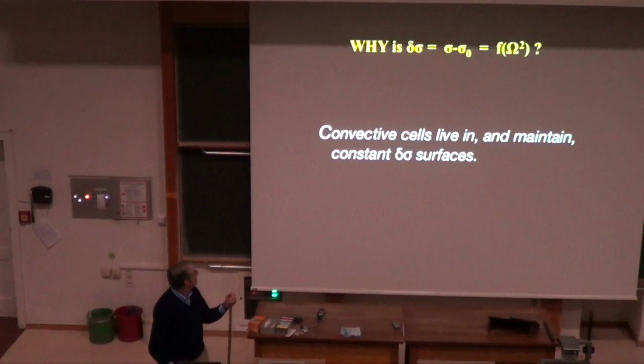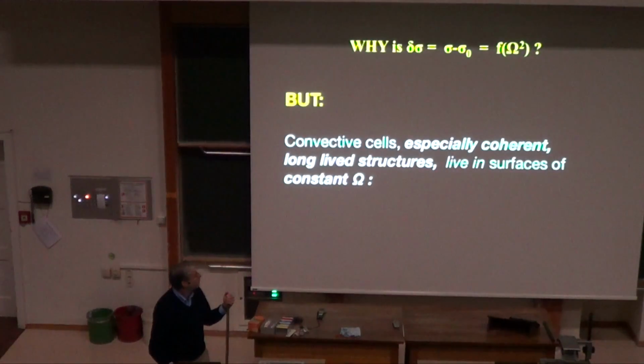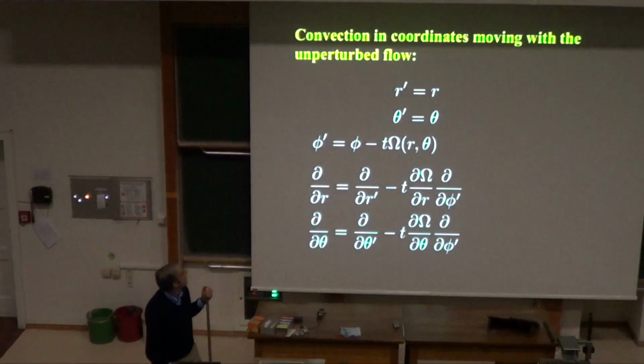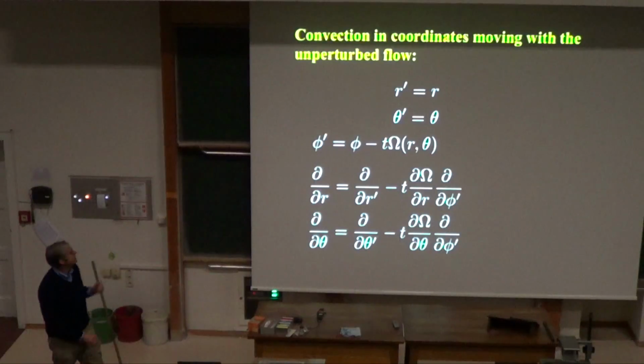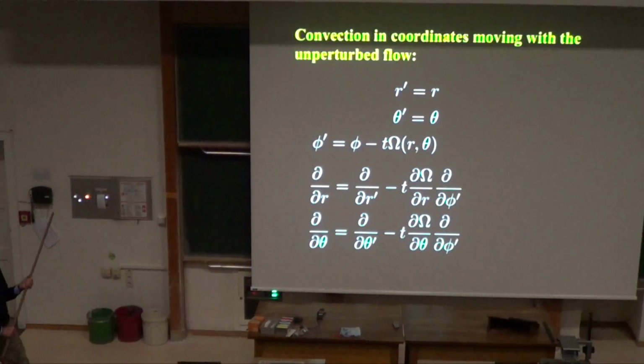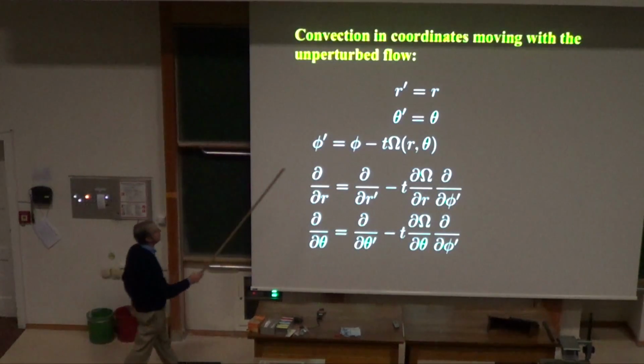Convective cells maintain constant delta sigma surfaces, but we can also show now in a little more detail why coherent, long-lived structures live in surfaces of constant omega as well. The mathematics is a little more involved, but I think you can see the idea.